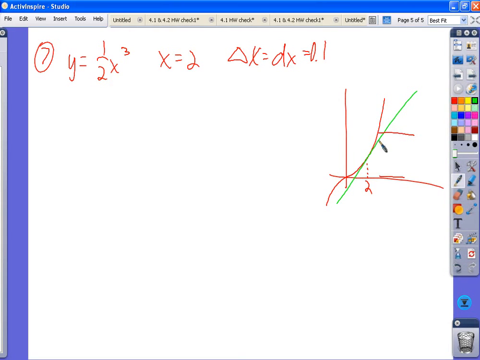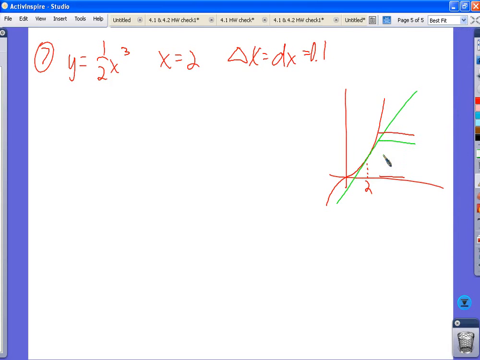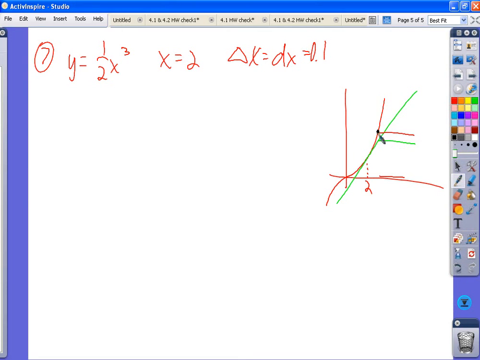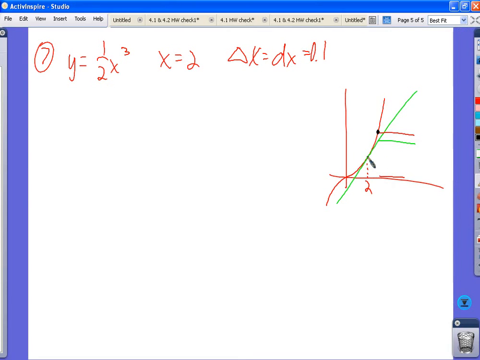And our dy is going to be from here to there. So they're off by some small amount. So to find actual delta y, we're going to take this y value and subtract this y value. I guess I should have started here, not down the x-axis. And subtract this y value.